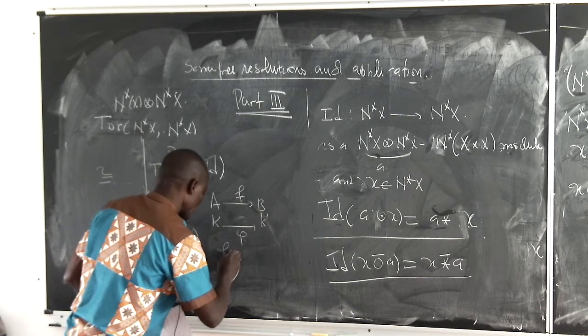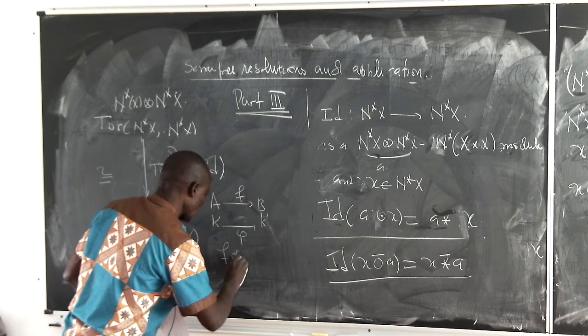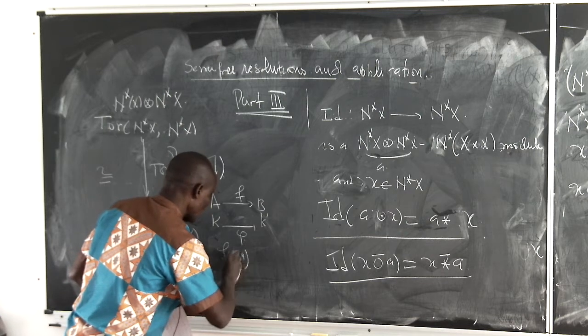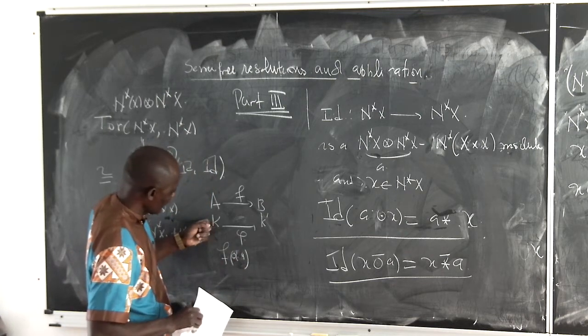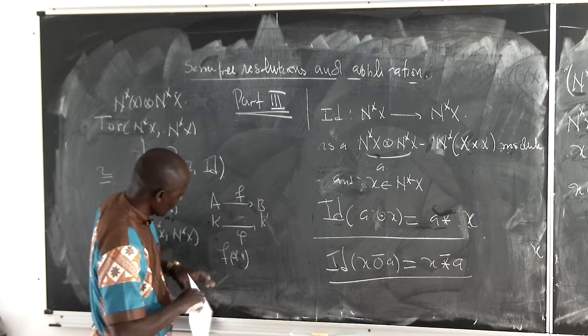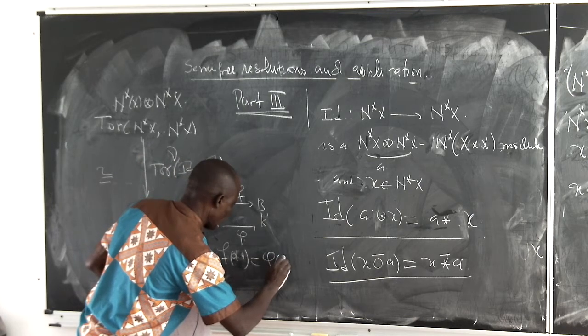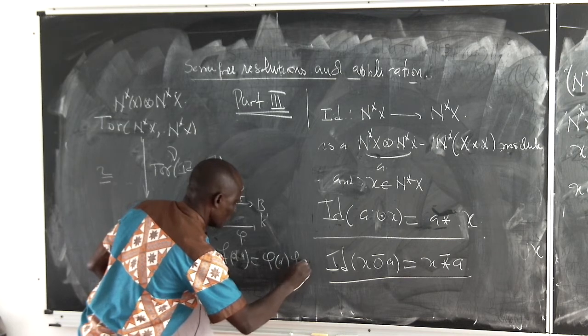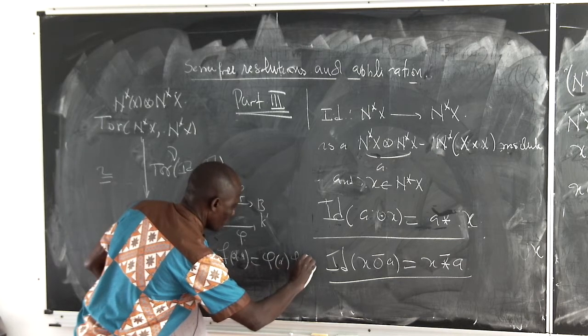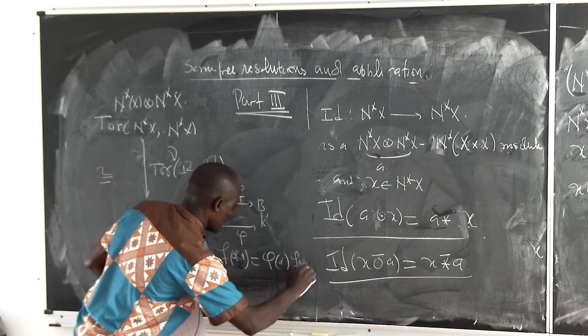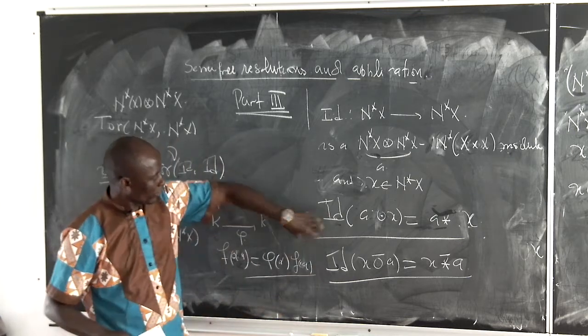Then we have F alpha A for some alpha. Consider taking here, we have this equal to phi of alpha f of A. This was exactly what we are trying to do here.